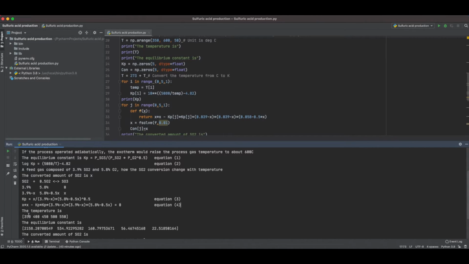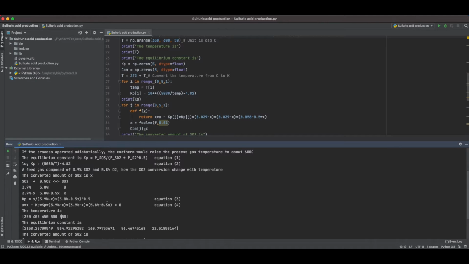Here we are going to study 5 different temperatures, from 350 up to 550 degrees C. At each temperature, we can use equation 2 to calculate the equilibrium constant. After we calculate this equilibrium constant, we know the Kp in equation 4. We can then calculate at each temperature the converted amount X.